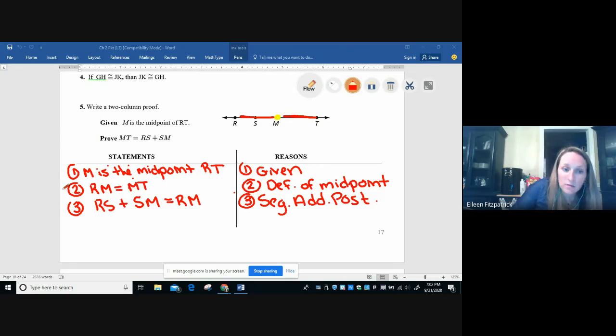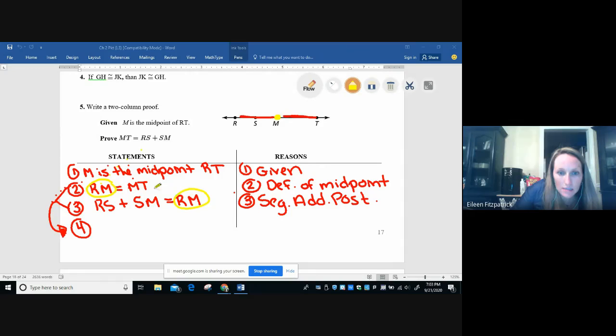Now see if you can fit the pieces together to come up with the next statement. This is how you build a proof: you start with the given, see what that allows you to say, go to your diagram, get another piece, and see if those puzzle pieces match up. I'm looking for anything that's the same, anything that overlaps, and I see an RM and an RM.